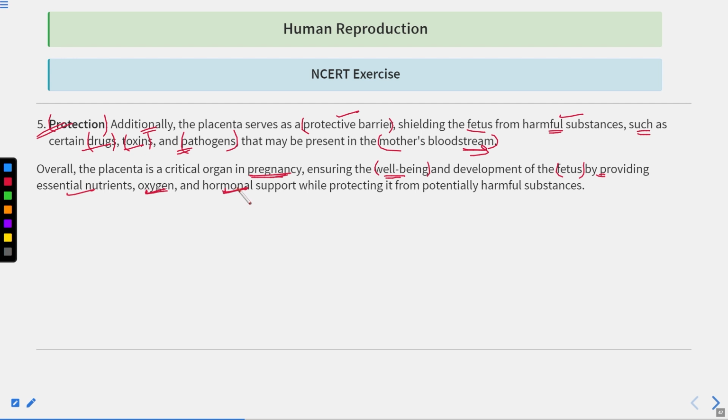One of the toxic wastes is urea, and another is carbon dioxide. It also suppresses the maternal immune response against the fetus. So all of this helps in the protection of the fetus. Clear? And we have also seen that the placenta protects the fetus from harmful substances that can be present in the maternal bloodstream, such as drugs, toxins, as well as pathogens.